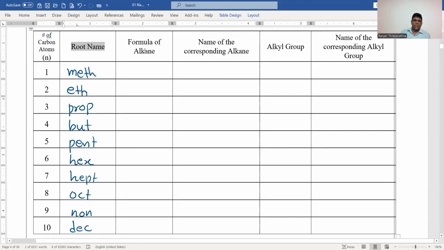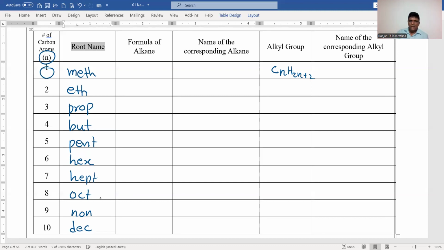Next one is the formula of the alkane. The general formula of an alkane is CnH2n+2. This is the n. If n is 1, then 1 into 2, 2, 2 plus 2, 4. That means it is CH4.